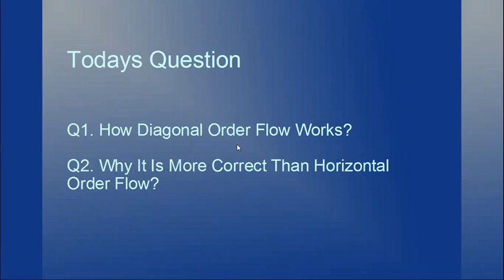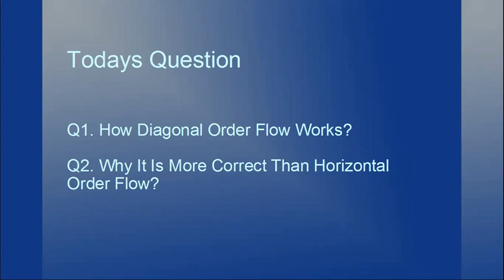Okay, so we had this question on order flow. Most of the software that we are using, especially the Bell TPO software, has a horizontal comparison of buyers and sellers, and there is also a method where you can compare the buyers and sellers diagonally.